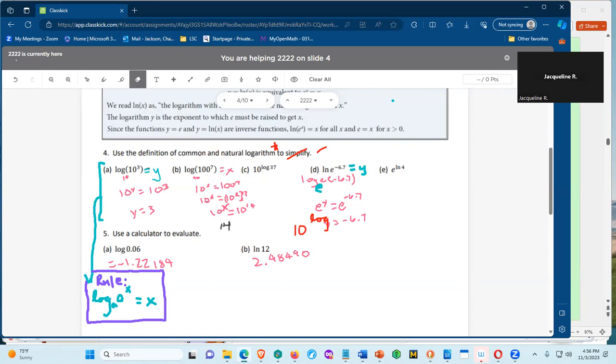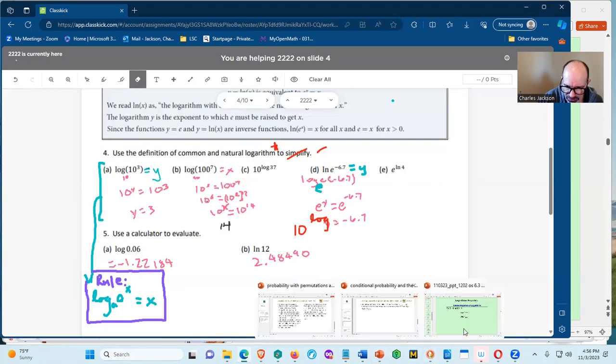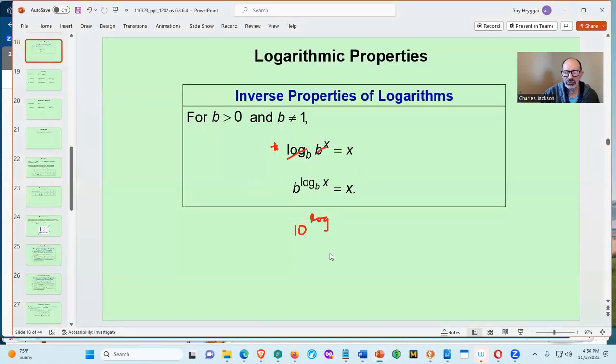Sorry, I thought you were talking about the... Oh no, I'm talking about C and E, because they're both the same as far as the rule that you're using. So in C, you have 10 raised to the log. Of course, we know that's base 10. Sneak that in there.